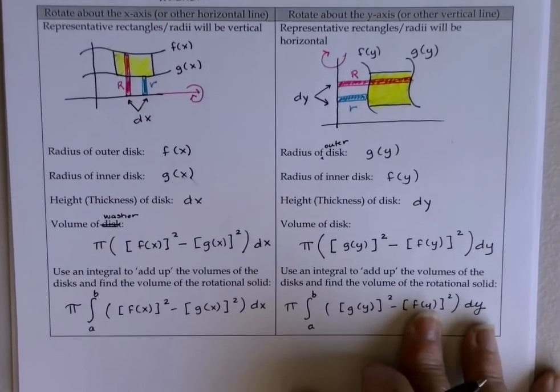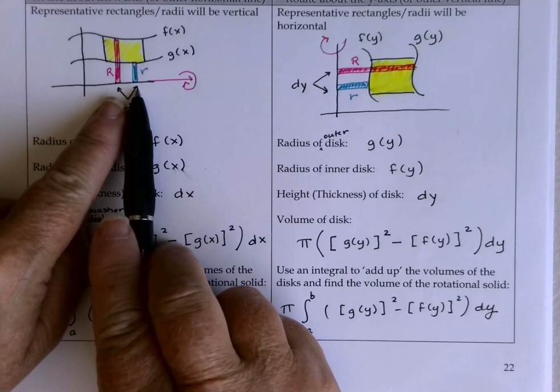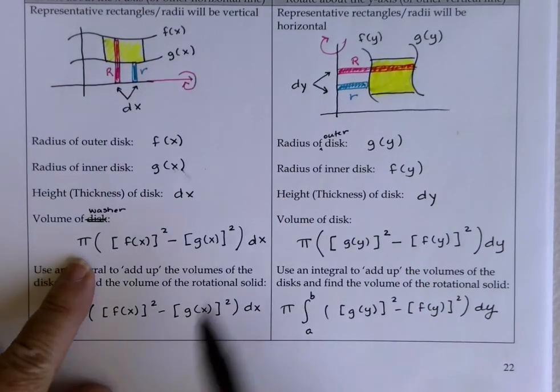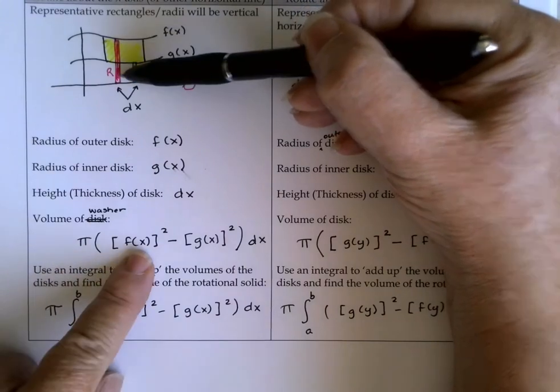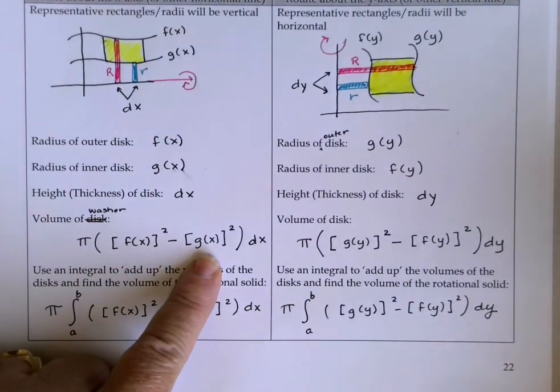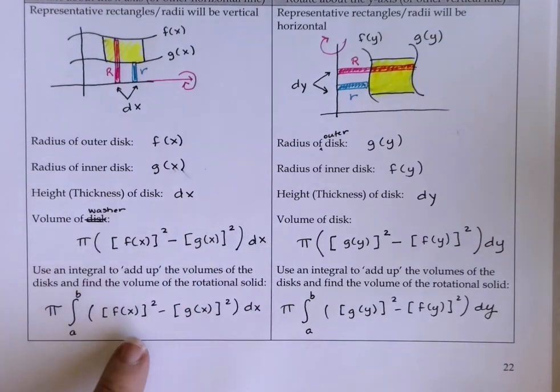But notice what we've got here is if we've got our vertical rectangles, so we're looking at functions of x, then the volume of our washer would be pi times the large radius f of x squared minus the small radius g of x squared times dx. Integrate to get the volume.